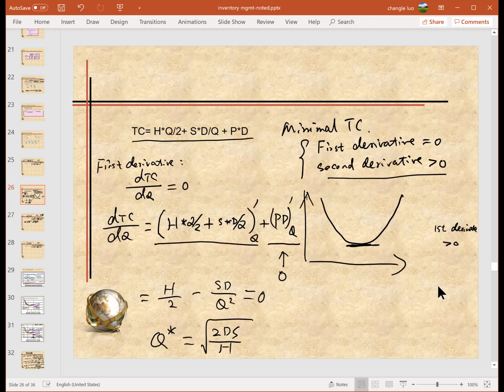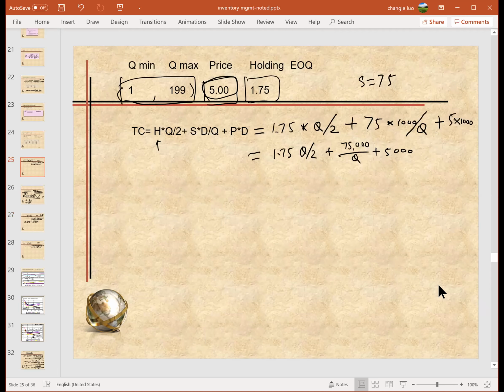Let's look at the first one. Where's our first one? First one is here. First part is quantity between 1 to 199.